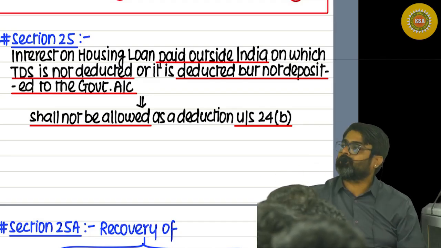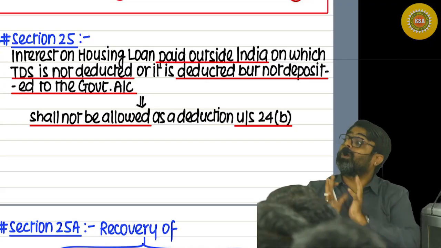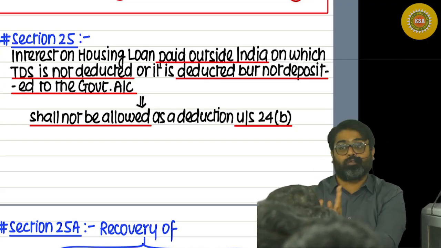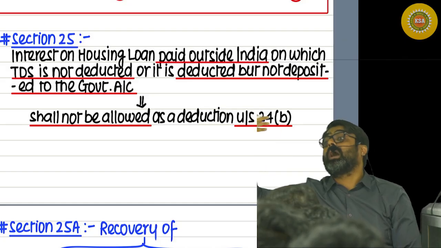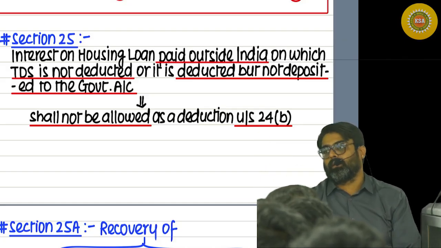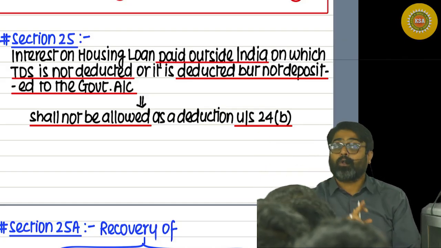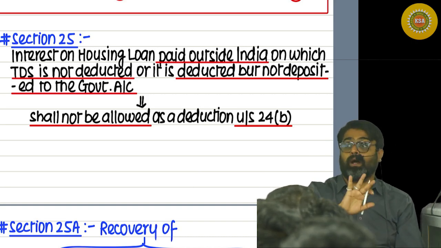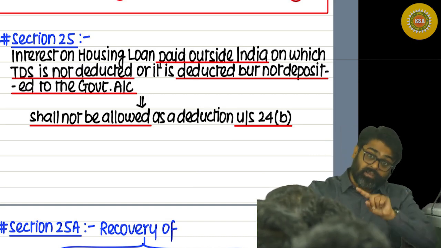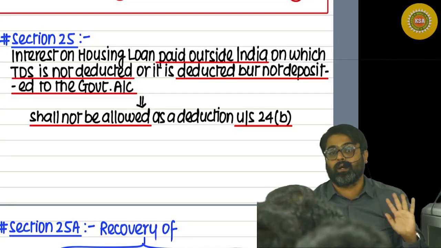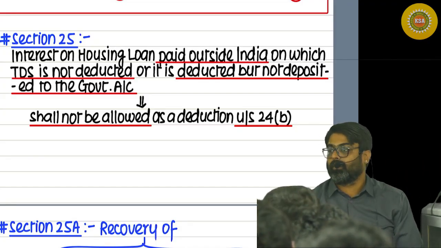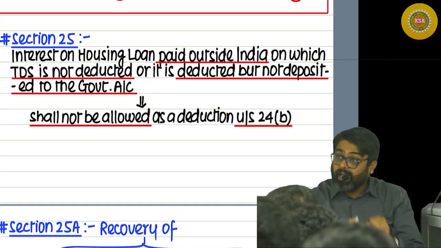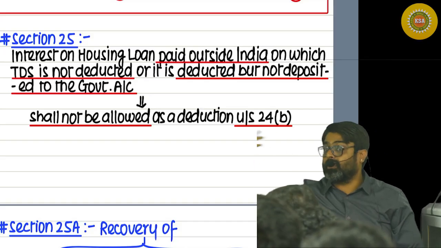So the government has given you a responsibility that if there is interest on a housing loan which you are paying outside India, then make sure that on that interest, the TDS which we are telling you to deduct, you have deducted and deposited that TDS to the government. In this way, you will help the government to collect the tax on the income of an outsider, which he might not pay.